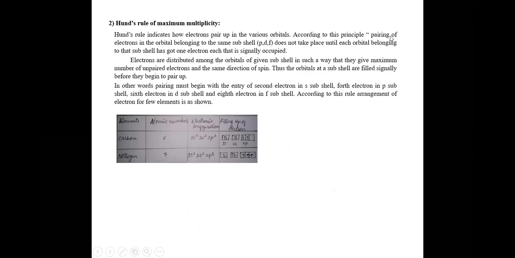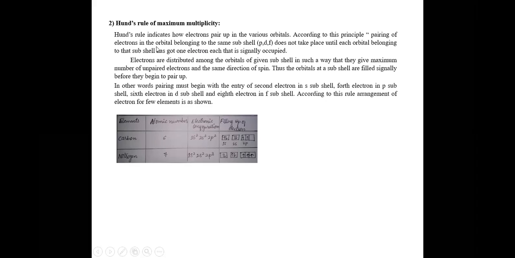According to this principle, pairing of electrons in the orbitals belonging to the same subshell does not take place until each orbital belonging to that subshell has got one electron each, that is, singly occupied.